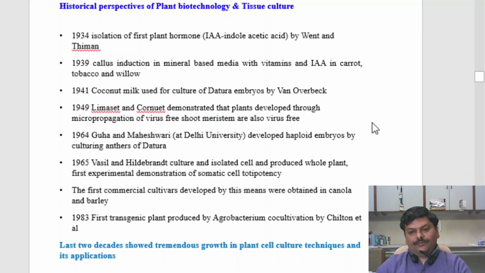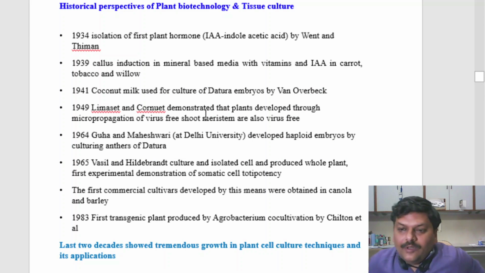This was a huge development, and then for the next 30-40 years many sequential developments happened. I have listed some of the important ones, and one of the most important was the isolation of the first plant hormone, indole acetic acid.